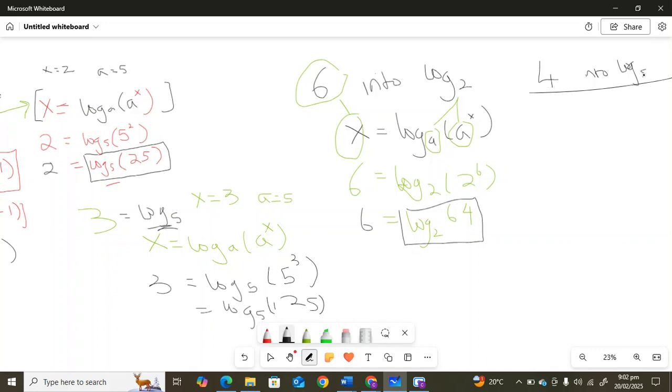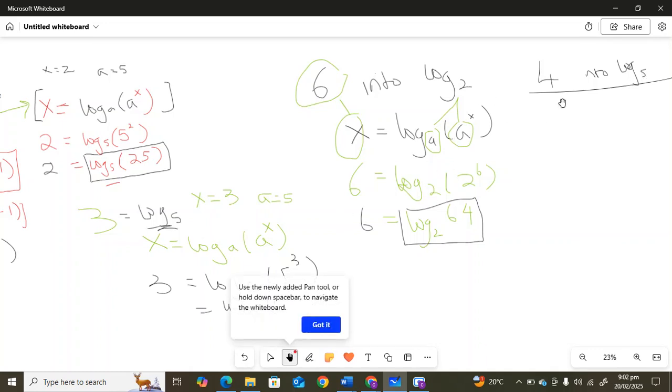A shortcut: just remember 5 to the power 4. Just get 5 to the power 4 and put a logarithm there, and then you get your answer. The more you do this, the shortcut is just put 5 to the power 4 and you get your answer. Even here, you just saw you put 2 to the power 6, we got our answer.